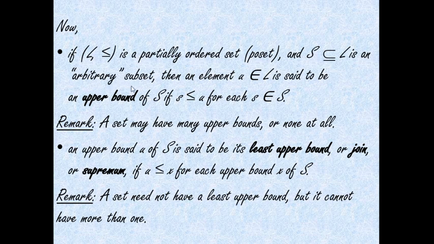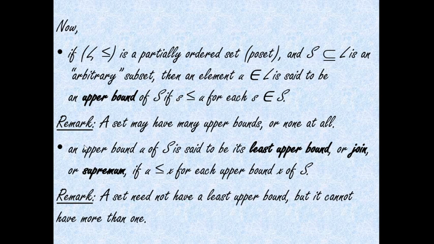You can take any subset of L. Then an element U in L is said to be an upper bound of S if for every s belonging to S, you have s less than or equal to U. And as a remark, we can note that a set may have many upper bounds or none at all.